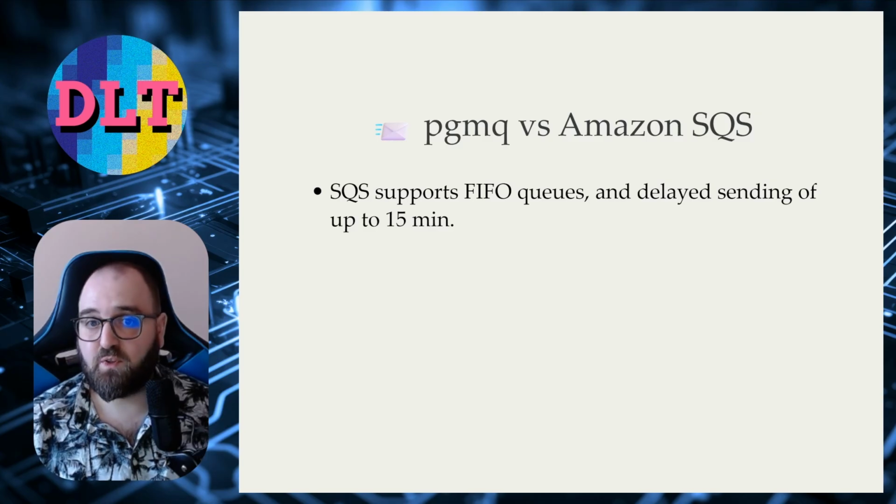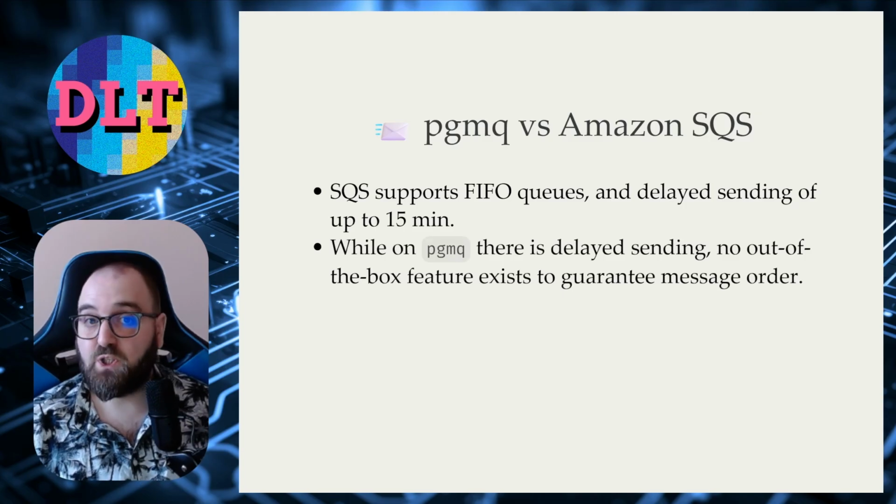Now looking at PGMQ versus Amazon SQS, which was the inspiration for PGMQ. SQS supports FIFO queues and delayed sending up to 15 minutes only, while on PGMQ there is delayed sending. No out-of-the-box feature exists to guarantee message order.